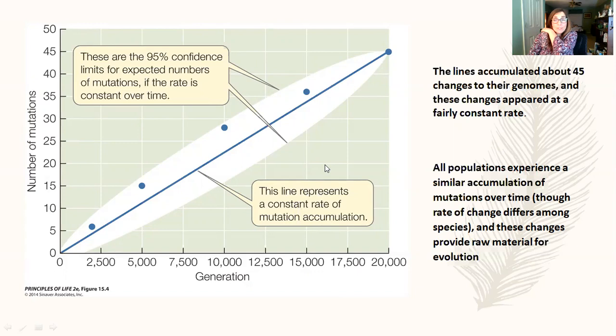So the rate differs, but we do see within all populations that over time we see an accumulation of mutations. And the idea is that these mutations provide, as I was saying, the variation. Natural selection acts on the variation, and so they say that mutations are the raw material for evolution.